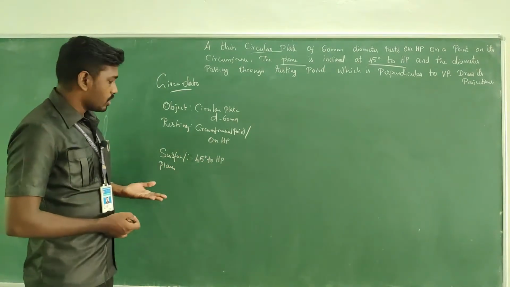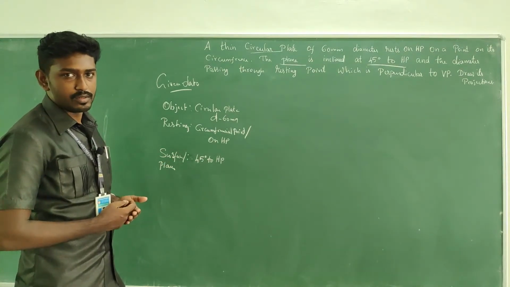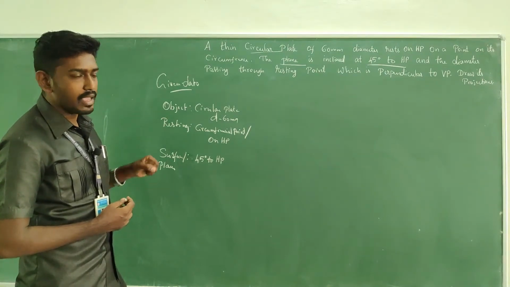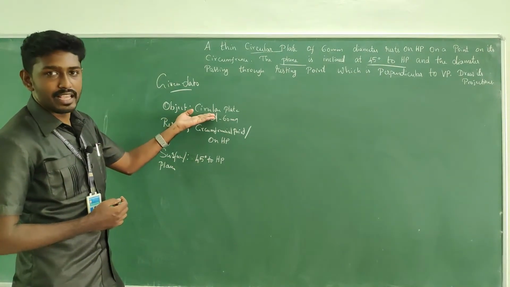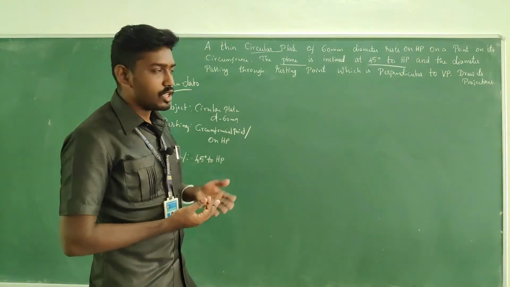Then the edge or the special conditions. We have to grasp the data about the edge or special condition. Here, as far as this circle is concerned, there is no edge or side or corners.